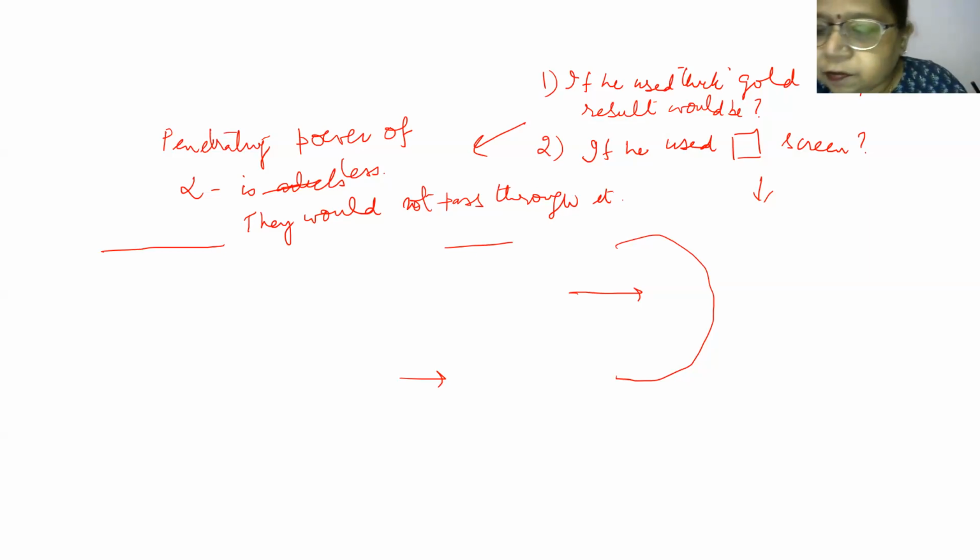If I have any object, the circular covering is always better. So the answer to the second question is, if he used a square screen, then the number of alpha particles hitting it would be less, right?